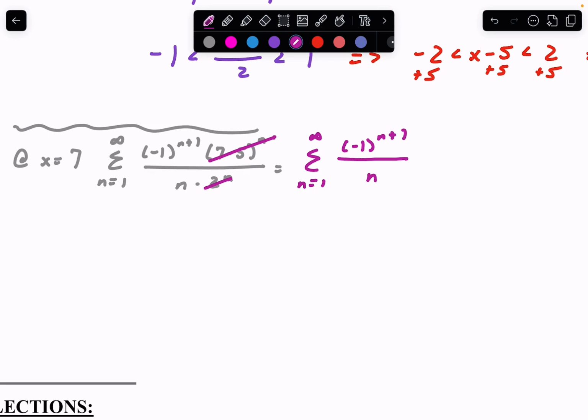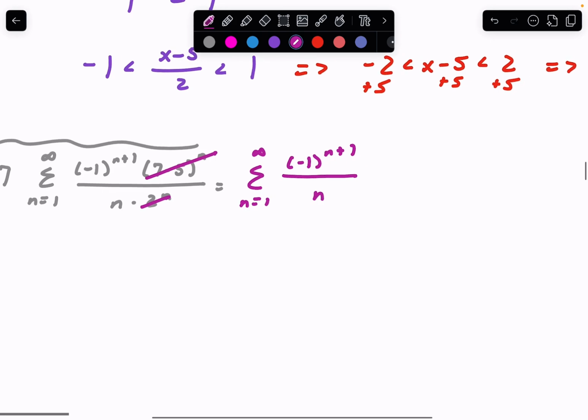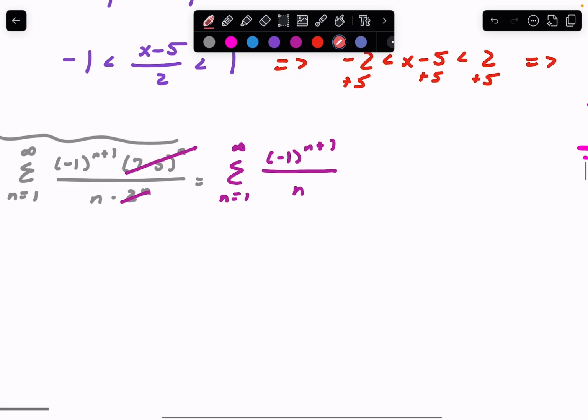I recognize that. That is the alternating harmonic series. Okay, so if this is alternating harmonic, you can build it if you need to, right? But it starts with plugging in a 1, right? So we get negative 1 squared, so 1 over 1, and then minus 1 over 2, and then plus 1 over 3, etc. Now it does hit all my conditions, but I'm going to write out alternating harmonic.